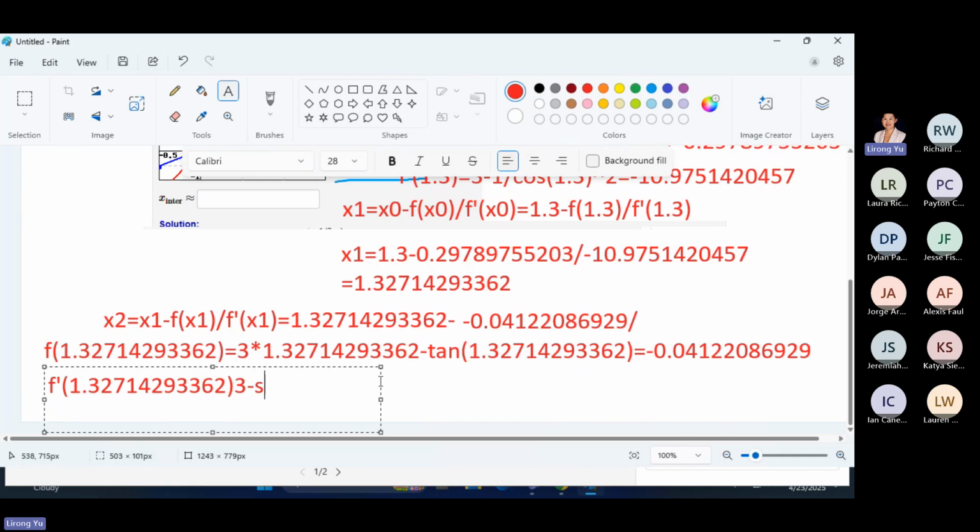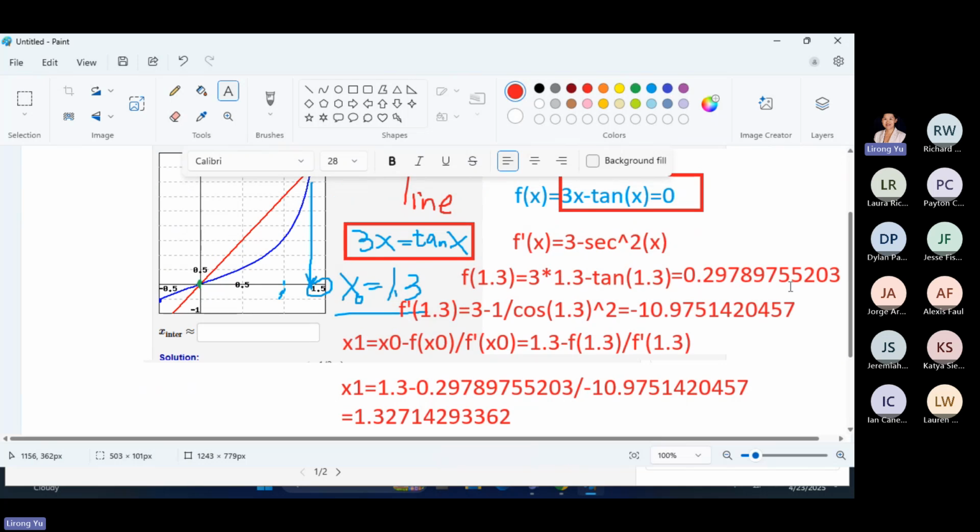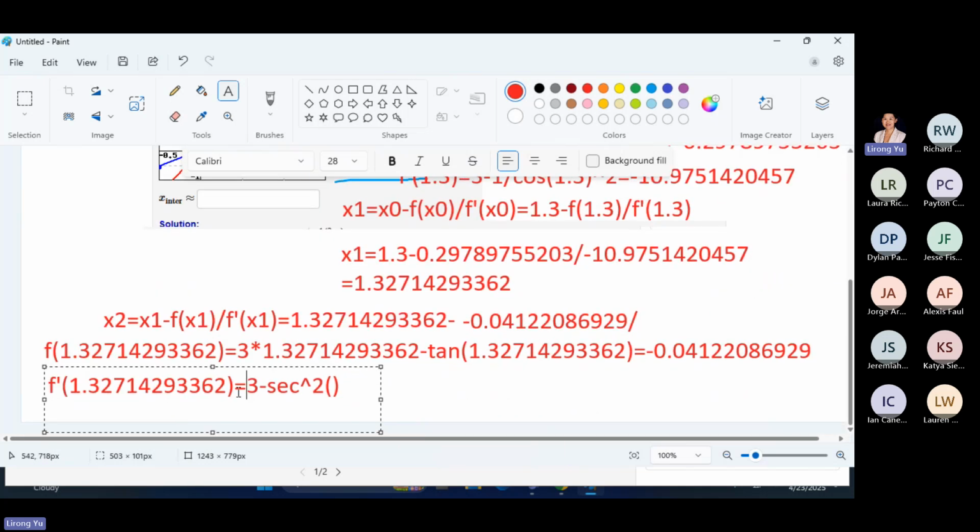It's 3 minus secant square of the number. That's the derivative formula. You can go back up and see f prime of x equals 3 minus secant square of x. We put this x value into the secant square. That will be the calculation.